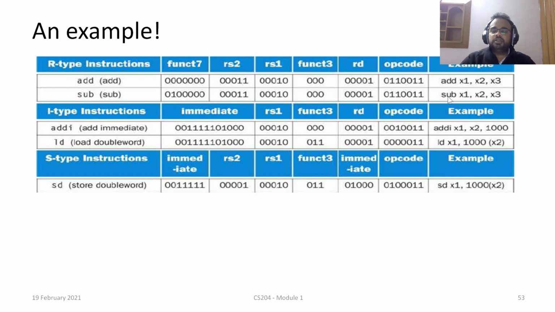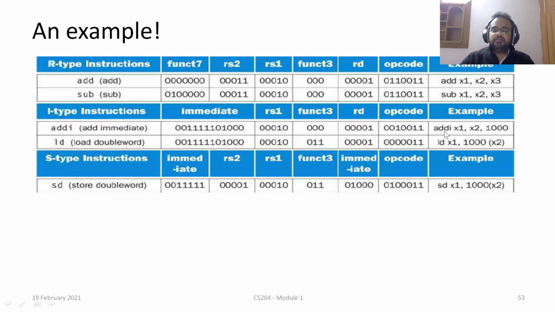Now when we come to subtract, if you look at this machine code closely, the opcode of add and subtract is the same, function 3 is the same, but there is a difference in function 7. So using these opcode, function 3, function 7 together, the hardware can figure out whether it is an add or subtract. A similar thing would happen for the other instructions also.